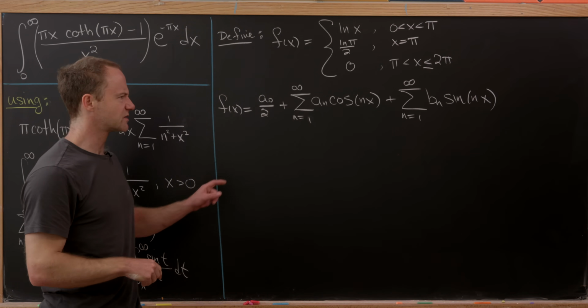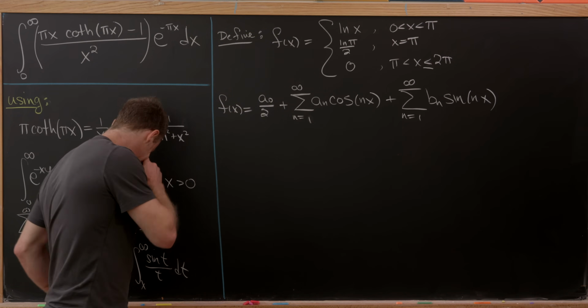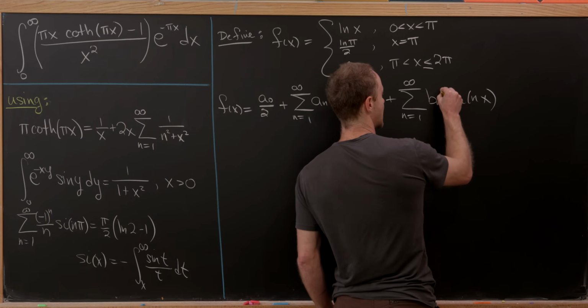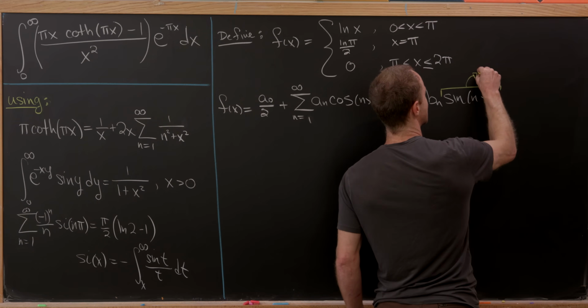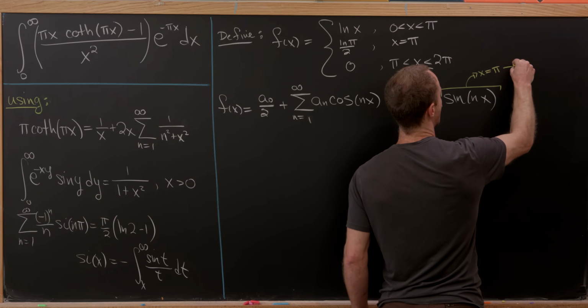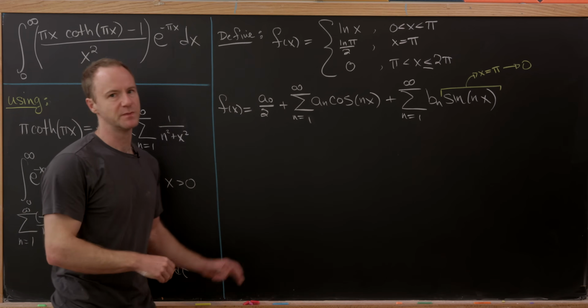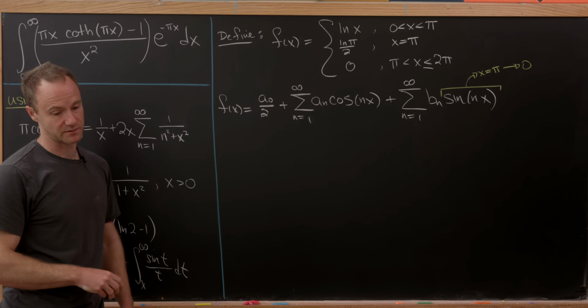And well, there are some formulas for a_n and b_n, but we're only going to need to calculate a_n because at some point, a bit later, we'll be setting x equal to pi, which means that all of those sine terms will go to 0, so we don't need them. Which means that we might as well just not calculate the b_n terms.